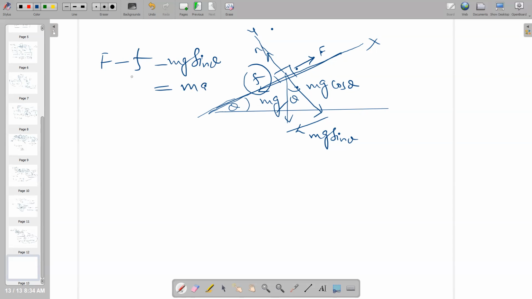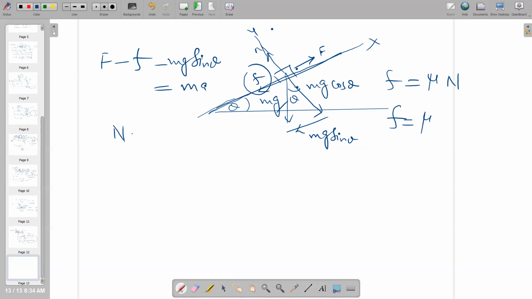So F value, again I'm saying, in inclined plane case, F is equal to what? Mu into N. And N is equal to what? N is equal to mg cos theta. So here you can see the vertical components.